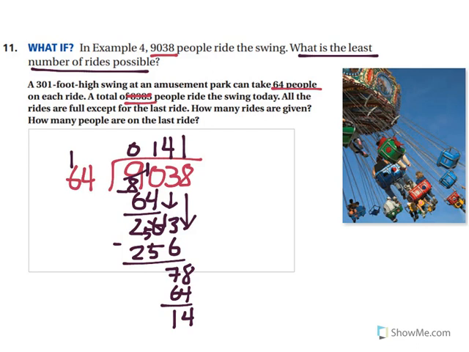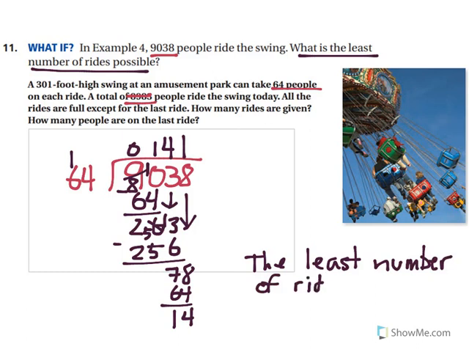So you could say the least number of rides possible is 142 rides.